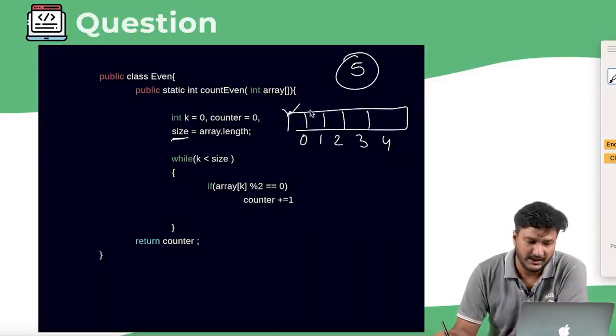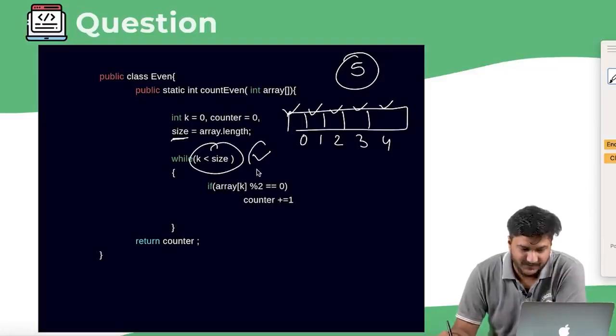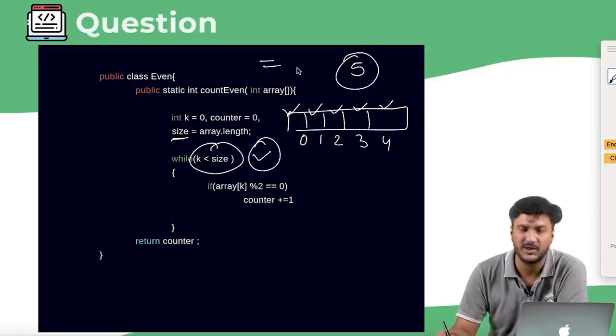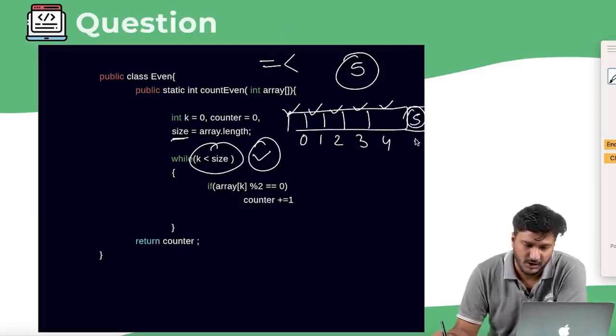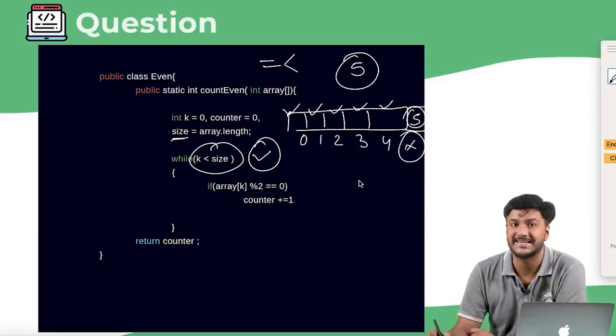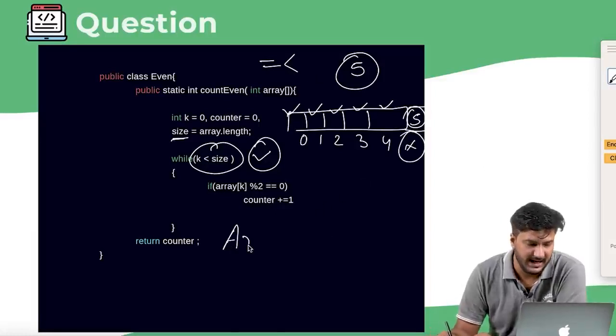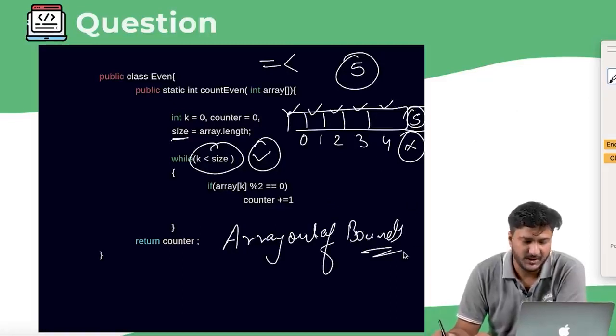So if you want to go at this, k is less than size is perfect. You don't need to have less than or equal to size, right? Because in that case it will try to go at the 5th index also, and then the array out of bounds exception will come, right?